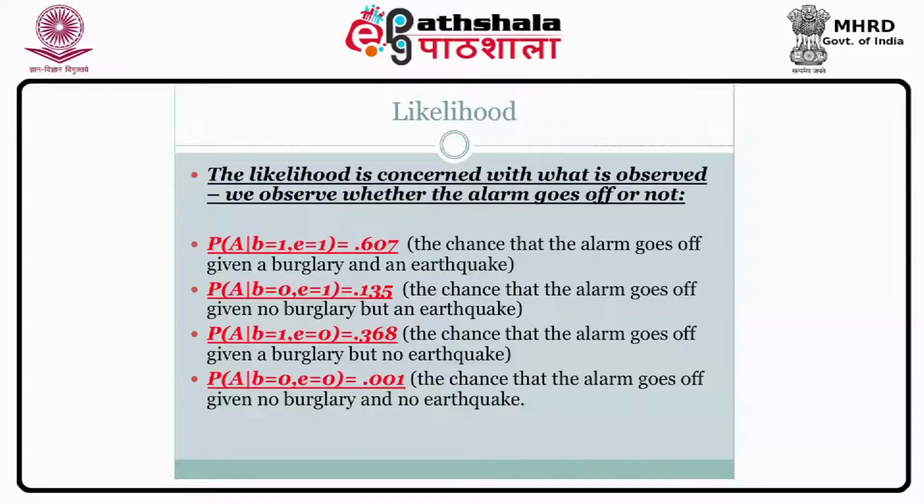The chance that the alarm goes off given no burglary but an earthquake occurs is 0.135. Similarly for the other two, when a burglary occurs but no earthquake, or no burglary and no earthquake occurs, still the alarm goes off. So these are the chances. When no burglary and no earthquake occur but the alarm still goes off, the chance is very little.